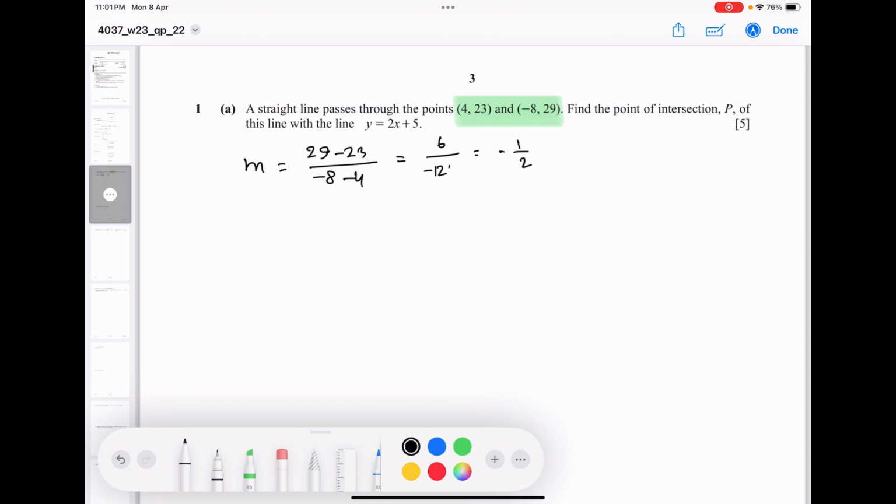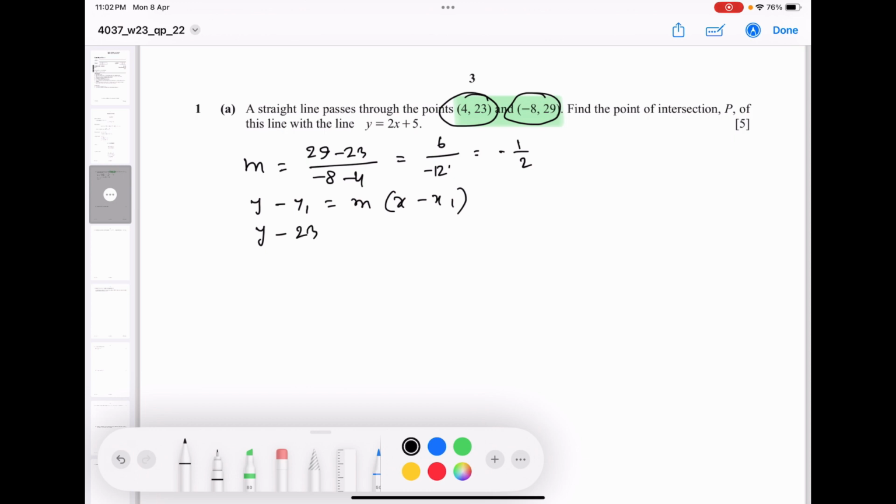Then use this gradient to find the equation. y minus y1 equals m times x minus x1. Now let me use any one point. Whether you use 4 and 23 or minus 8 and 29, let me substitute. y minus 23.